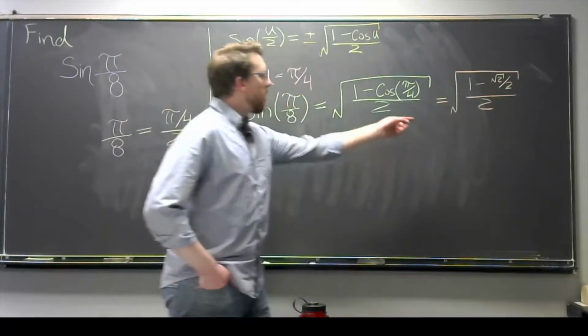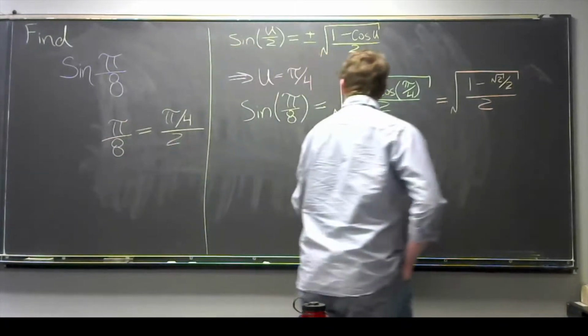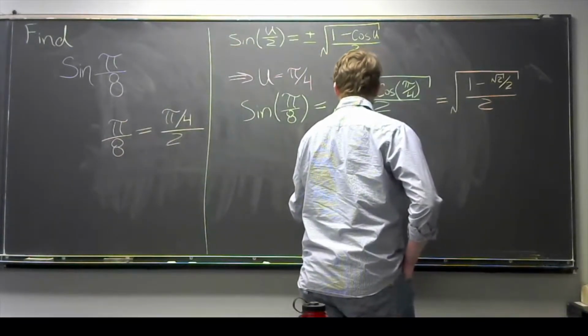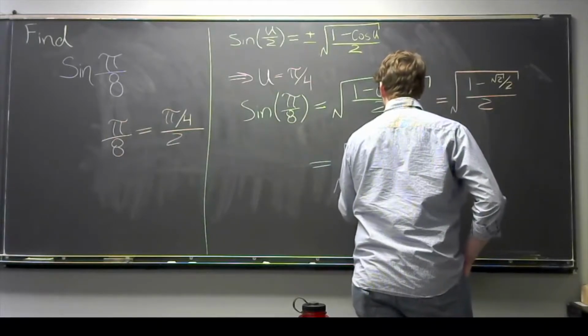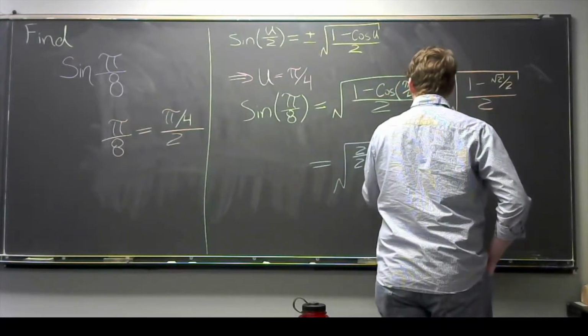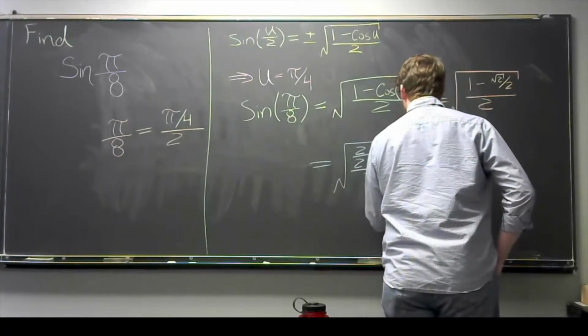Well, we can rewrite this now as 2 over 2 minus the square root of 2 over 2, all that divided by 2.